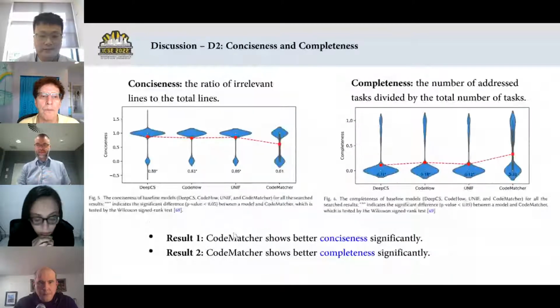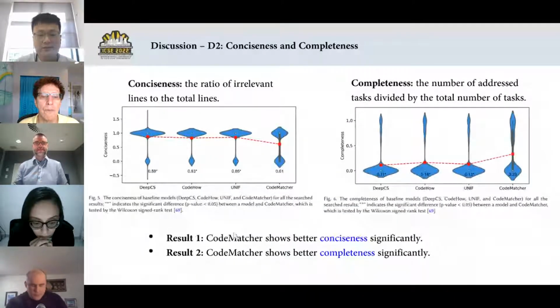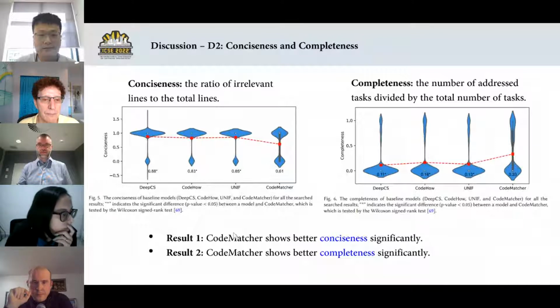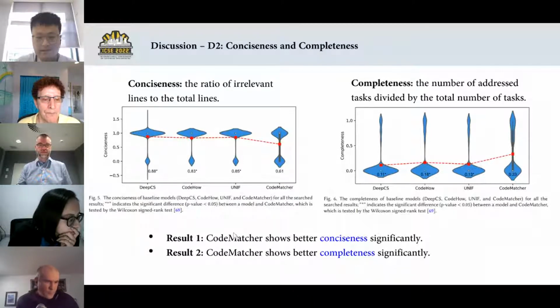We checked the conciseness and completeness of the returned code, and it also shows better performance than the baselines. We also investigated why the deep learning model does not work well on our code base, because of the larger scale of the code base and especially the out of vocabulary issue.